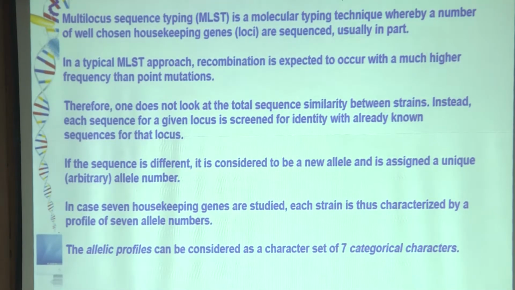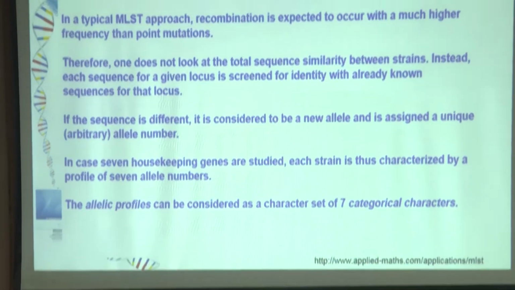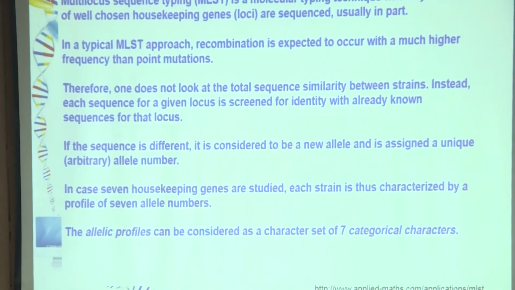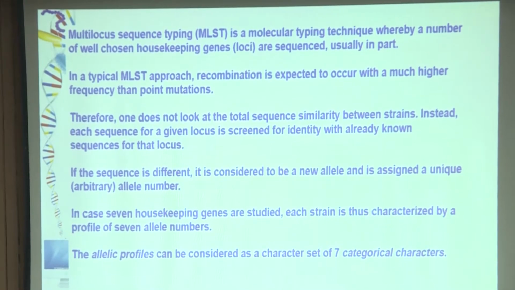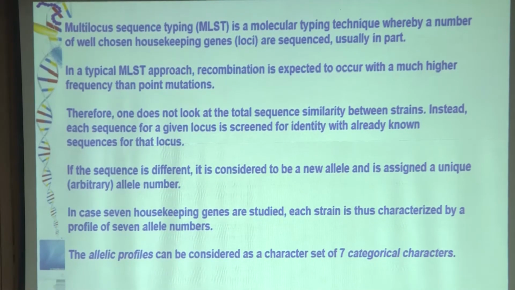The allelic profile, what do you mean by allelic profile? The string of numbers which is assigned to each and every loci, right? Gene 1, gene 2, gene 3 up to gene 7, you may call it as locus 1, locus 2, locus 3 up to locus 7, and each locus is sequenced, right? You understand? And remember, the length of the sequence for each and every loci may be different.